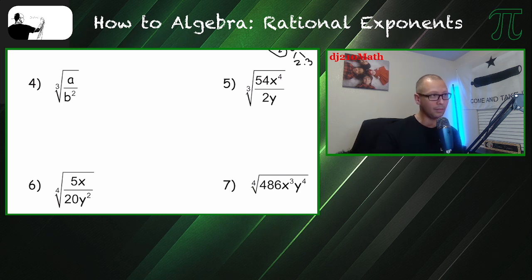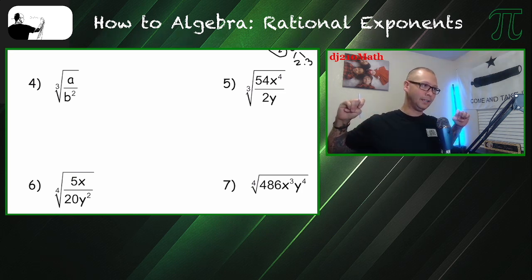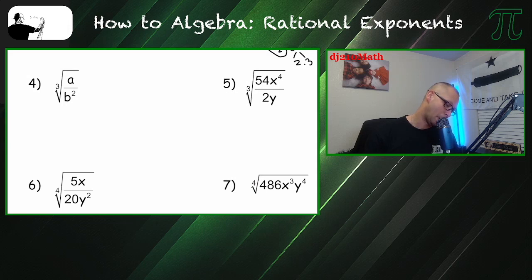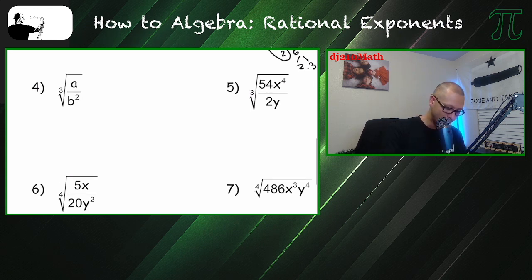So here we have the cube root of a over b squared. Now, it can't be simplified anymore, but it can be rationalized because we don't like any radicals in the denominator of a fraction. So if we rewrite this as a to the 1/3 power, because again, 1 is the power, 3 is the root, so it goes underground, as we mentioned.